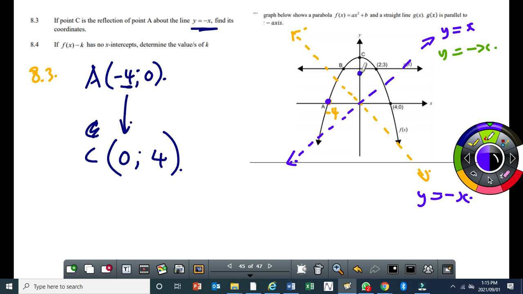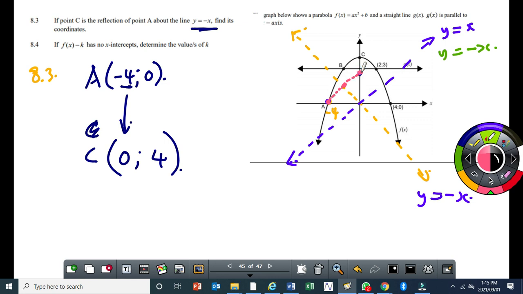The image of that point is going to be on the y-axis because the distance from here to the line y equal to minus x must be the same as from the line y equal to minus x to that point. So the question will be, what is the value of x here?